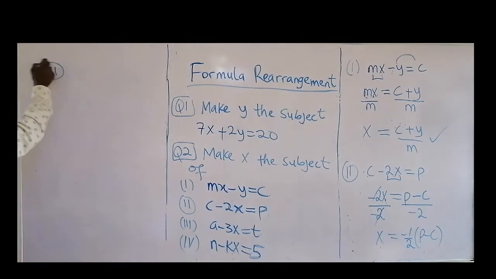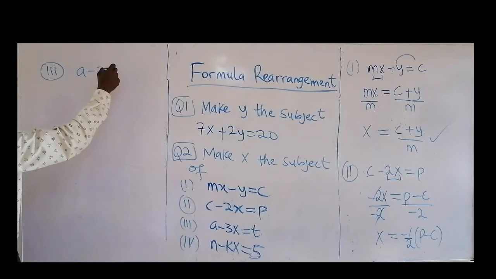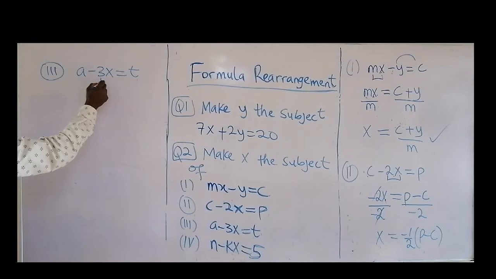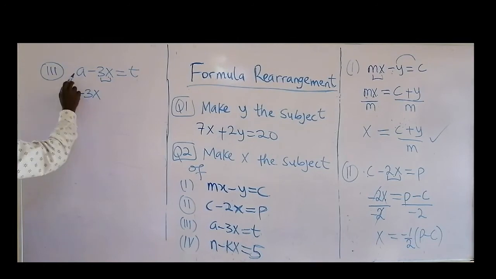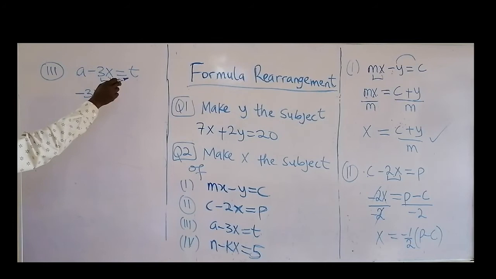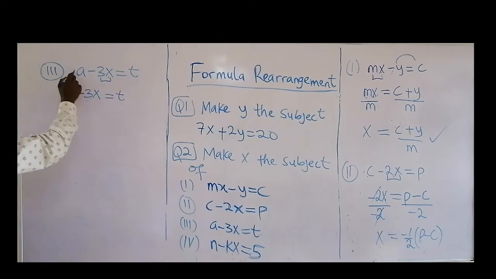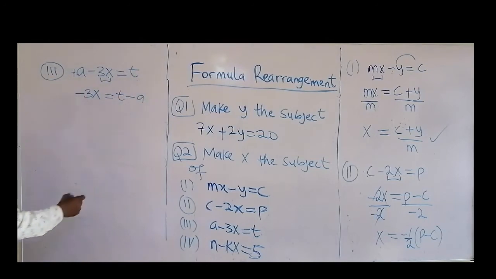The third question, we have a minus 3x equal to t. The same thing you are going to do: this is the only place you have x, so you retain that and move whatever letter is in that place to the other side. This is plus a, and that's equal to t; when you move a plus over to the other side, it becomes negative.